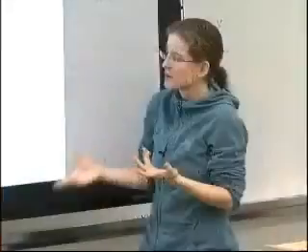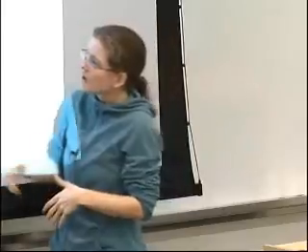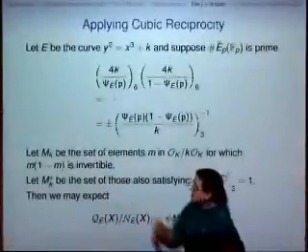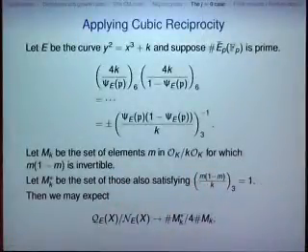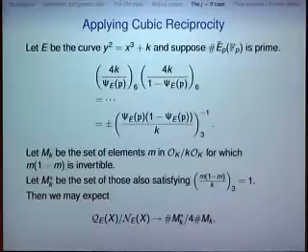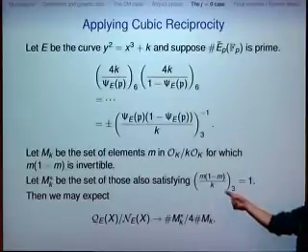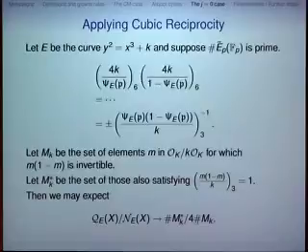So a first guess might be that the Frobenius ranges evenly through whatever elements it would be allowed to be as p varies. So you could take all of the m for which m times 1 minus m is invertible, and then you could look at how many of those actually give this cubic residue coming out to 1, and you could ask whether that's actually a third or that's some other ratio. Okay?